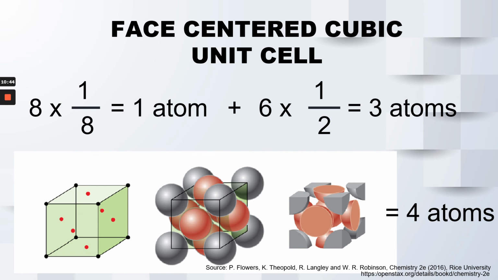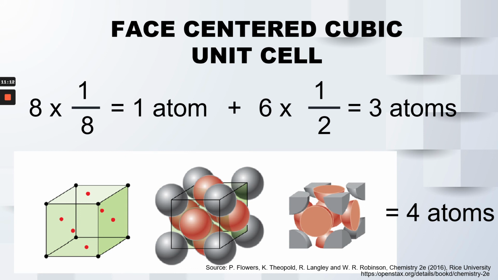We have to know that for the face-centered cubic unit cell, we have 4 atoms, and for the body-centered cubic unit cell, we have 2 atoms, and for the simple cubic unit cell, we have 1 atom from our calculation.